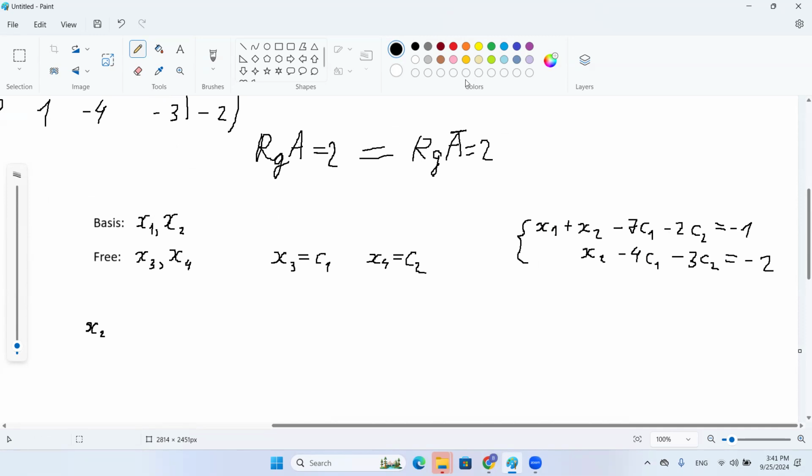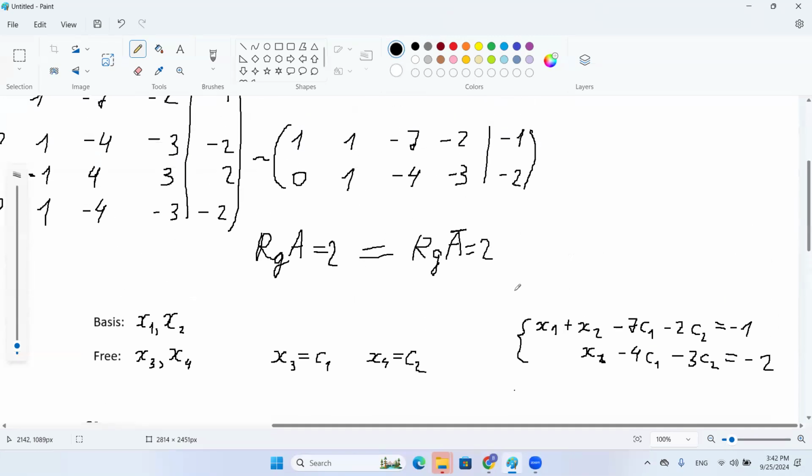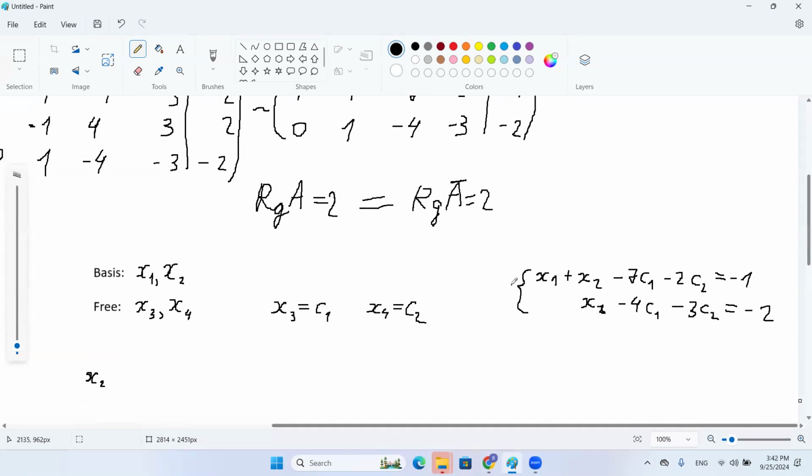Yeah, Sophia, do you want to answer? I can understand how we know that x1 and x2 are basis, but I don't understand why x3 and x4 are free. Okay, we will explain to you. Let's complete this matrix with the 0 row.